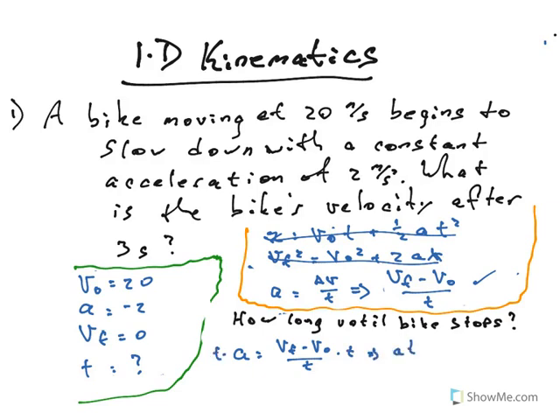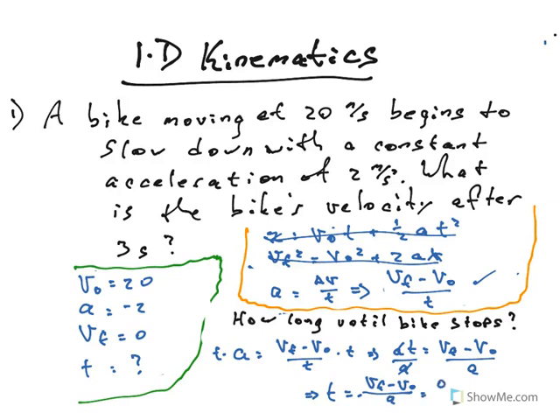I now have A times T is VF minus V naught. But again, I want T by itself, so I don't like the A sitting there. Since they're multiplied, I'll divide by A on both sides to get rid of it. So I get T is VF minus V naught over A.